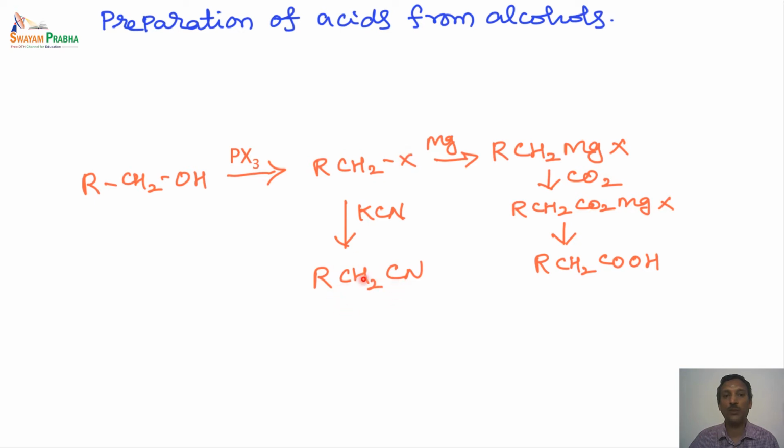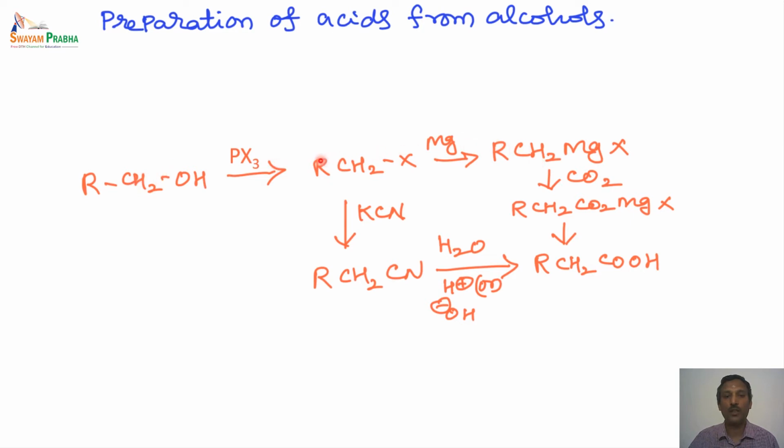So that is also possible. So when we treat this cyano derivative with acidic or basic conditions, this undergoes hydrolysis to provide the corresponding carboxylic acid. So in this particular path also there is an addition of one carbon from the starting primary alcohol.